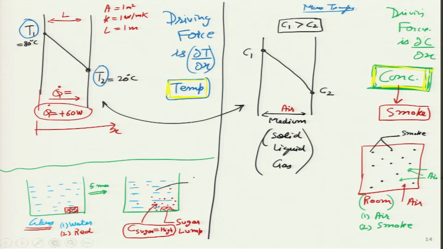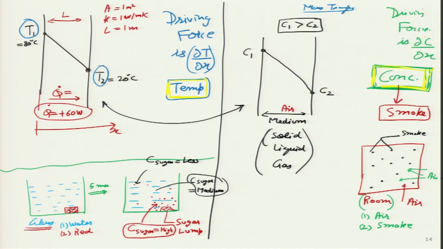Somewhere in between, the C of sugar is medium. Again, this is a relative, qualitative word, and here the C value is very less. Do students agree with this example, that wherever that solid part of sugar is inside my cup, very close to that the concentration of sugar is quite high?